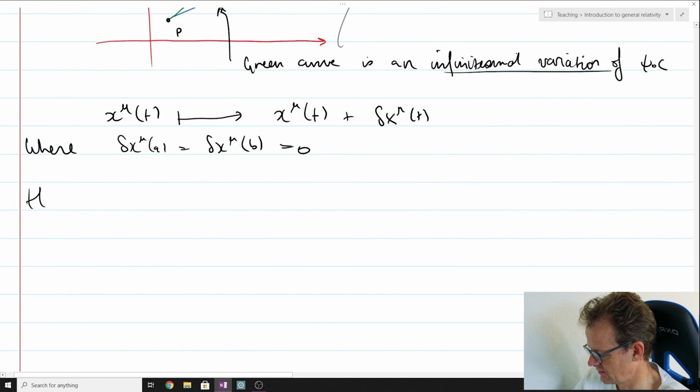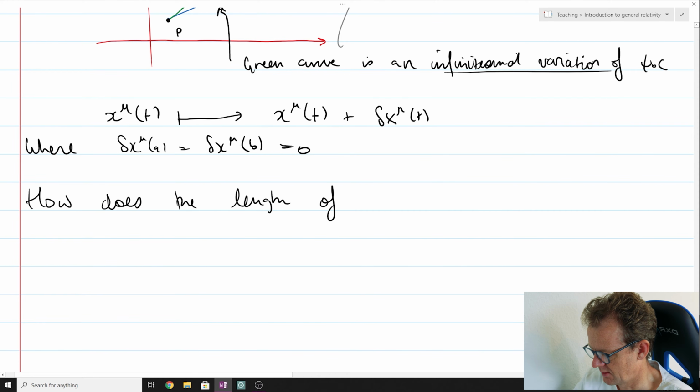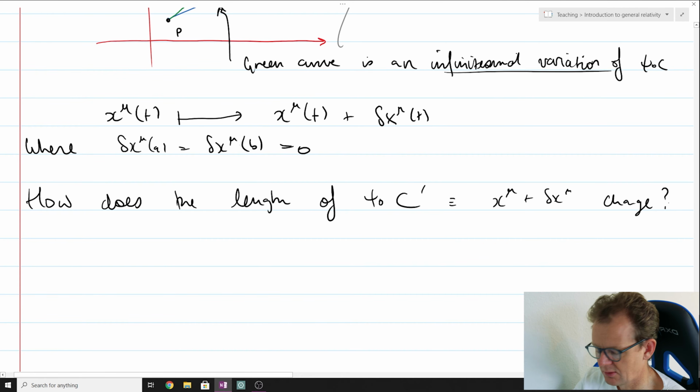So then you can ask the question, how does the length of C prime, the varied curve, change? If you do a little variation in the curve, then the length's got to change, and it'll change to first order and so on.